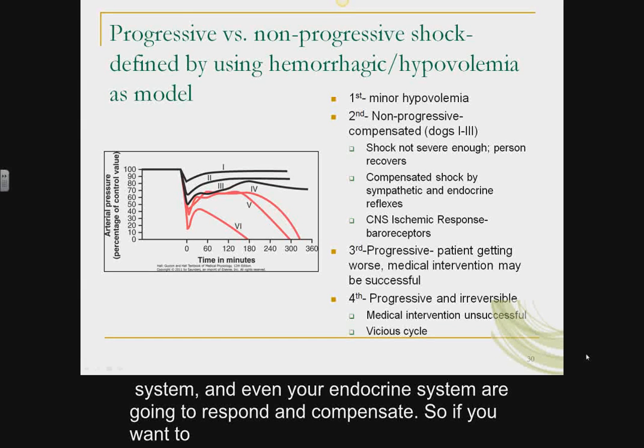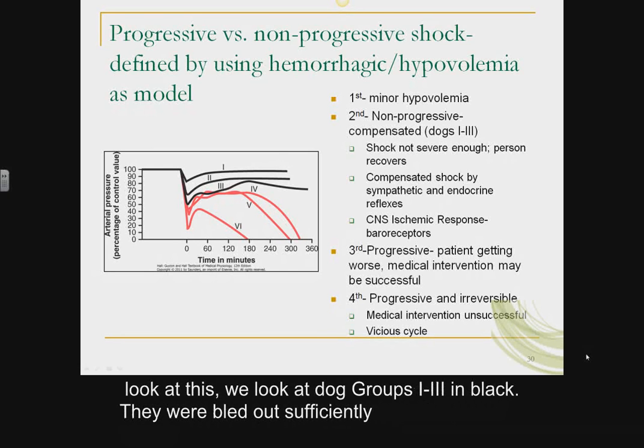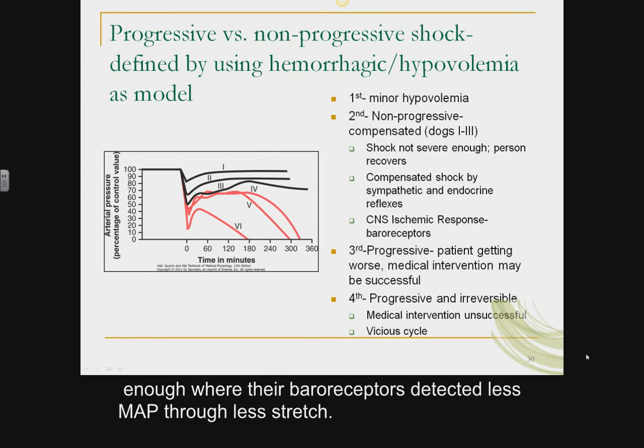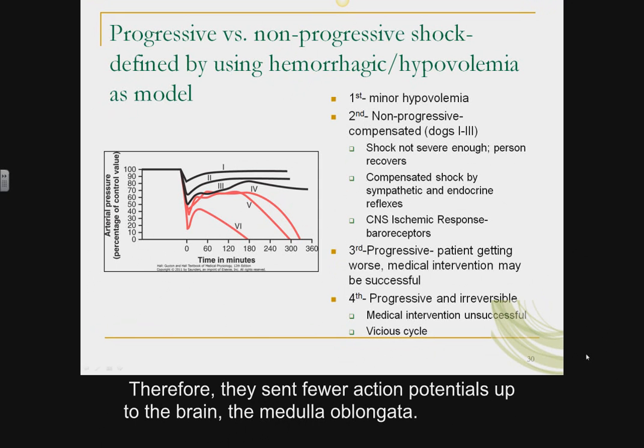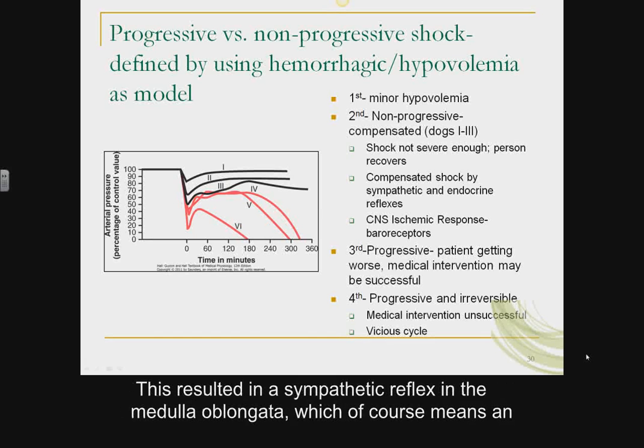So if you want to look at this, we look at dog groups 1 through 3 in black. They were bled out sufficiently enough where their baroreceptors detected less mean arterial pressure through less stretch. Therefore, they sent fewer action potentials up to the brain, the medulla oblongata, and this resulted in a sympathetic reflex in the medulla oblongata, which of course means an increase from the cardiac acceleratory center.